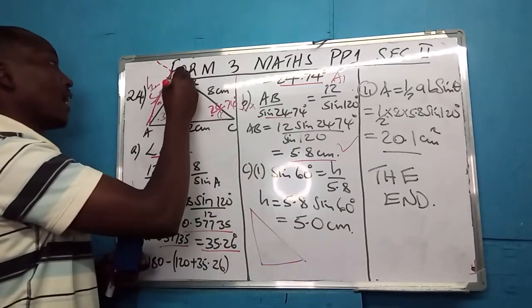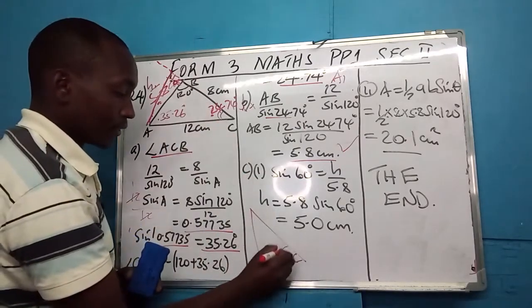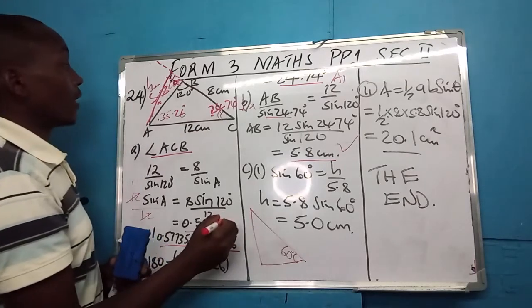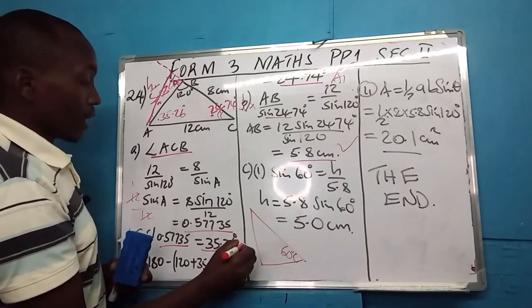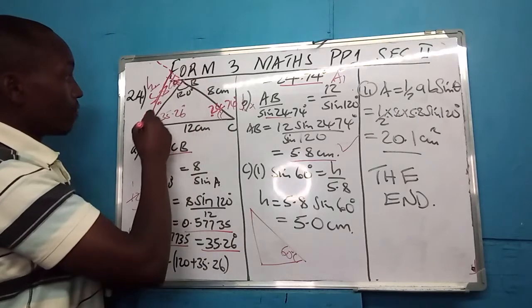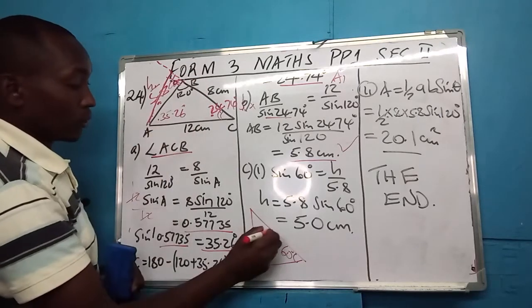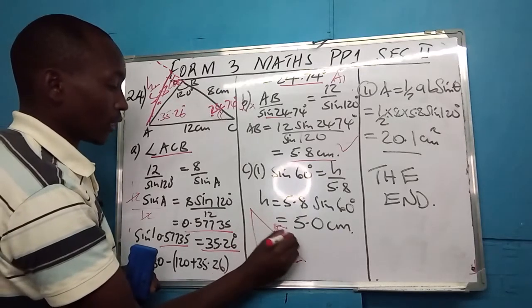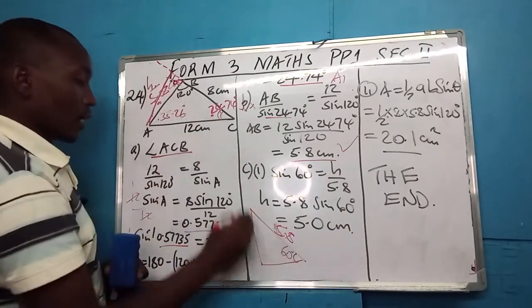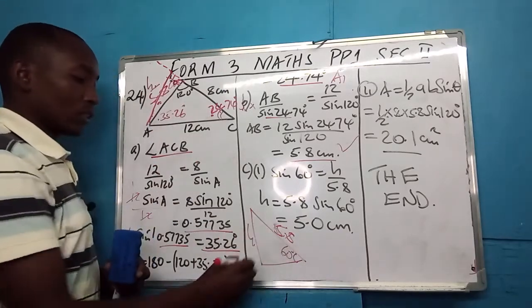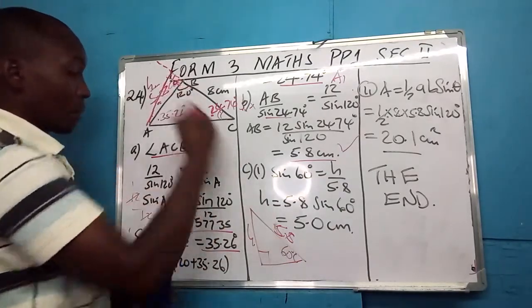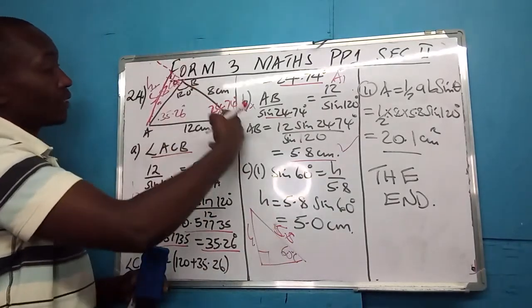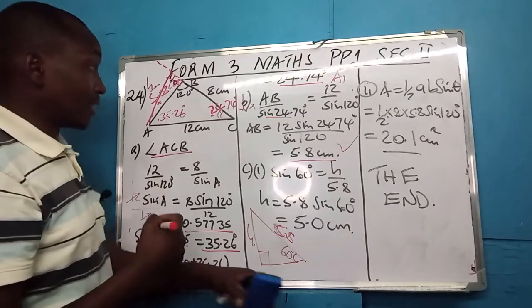Over here, the acute angle is 60. I already have the hypotenuse, 5.8. Then I'm working out the height, which is the opposite, and this angle is 90. The perpendicular height from this base to the vertex A here.